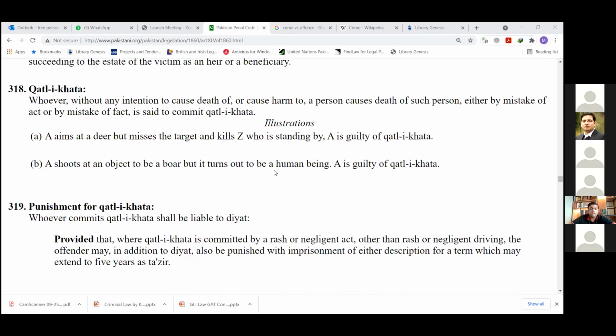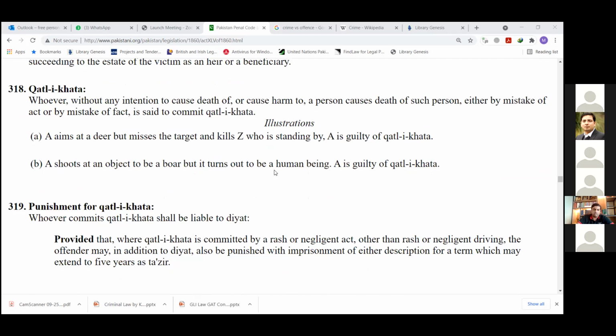Qatl khata is causing qatl by any act which is not in the ordinary course of life and which is committed by mistake of fact, or the mistake of fact is the reason of causing the death of another person.